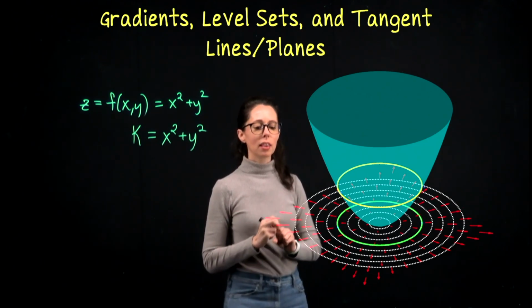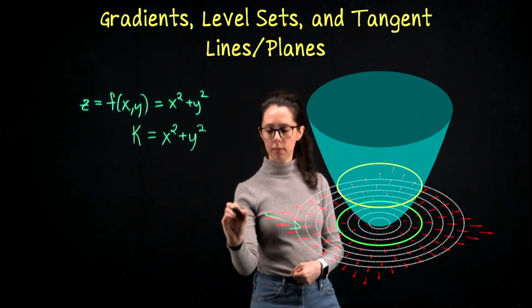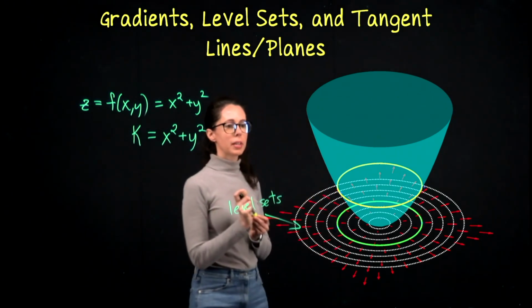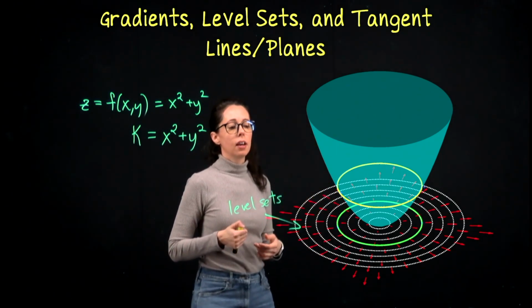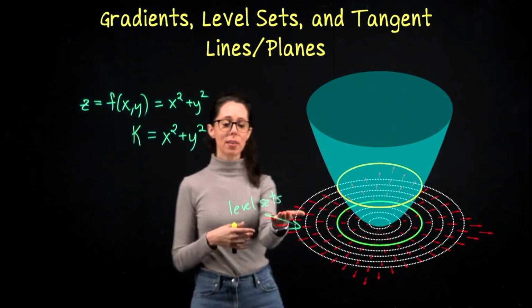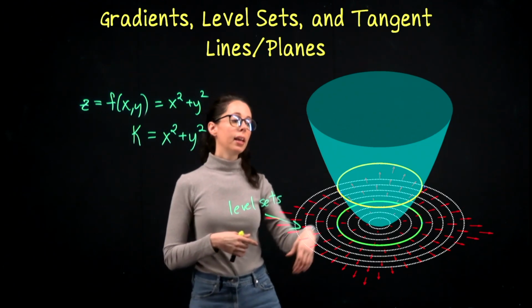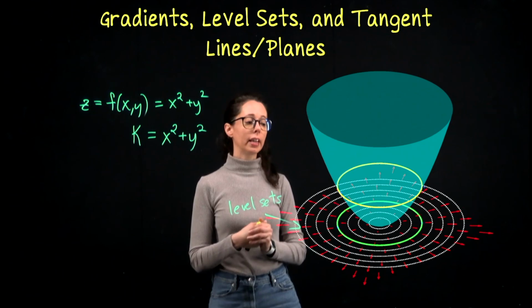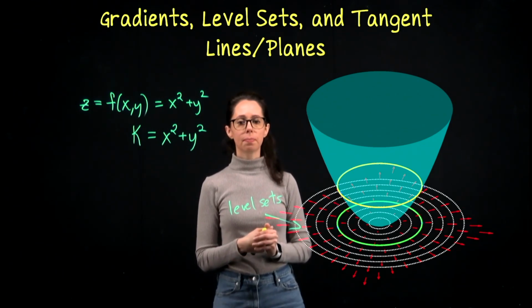These are what are called level sets for the function. So for this particular function, the level sets are curves. So if your domain is two-dimensional, you might use more specific language of level curves. And this particular family of level curves or level sets, to speak more generally, is a family of concentric circles.